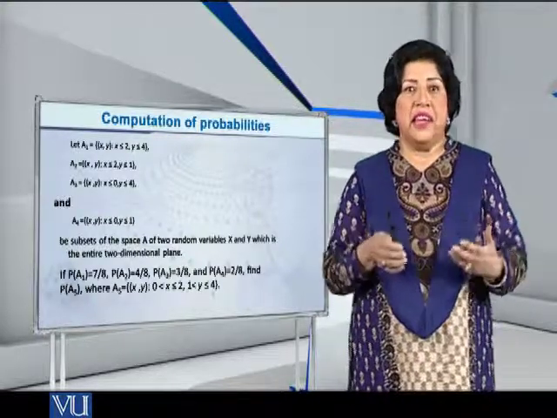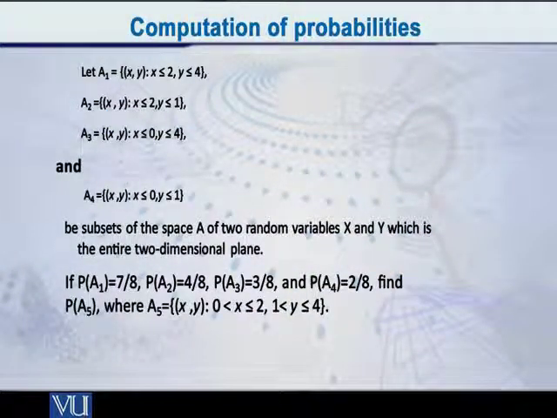Now, let us define a few events. Let A1 represent the event that X is less than or equal to 2 and Y is less than or equal to 4. Similarly, A2 is the event that X is less than or equal to 2 and Y is less than or equal to 1. A3 represents the event that X is less than 0 and Y is less than 4.